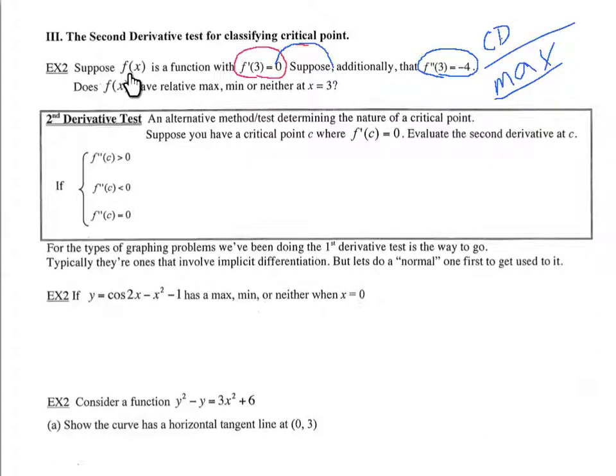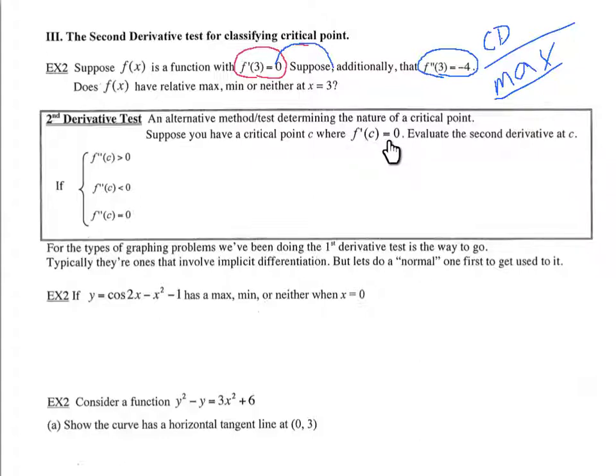This is referred to as the second derivative test, which is an alternative method for determining what's going on with these critical points. So here are the notes that go with that. The second derivative test only works when we're looking at a critical point where the first derivative is 0.